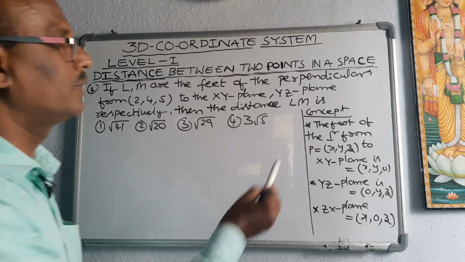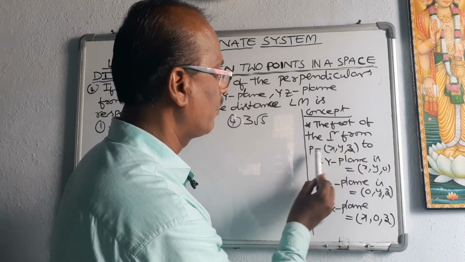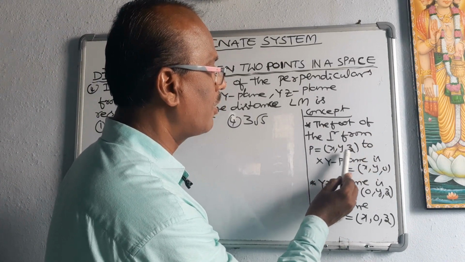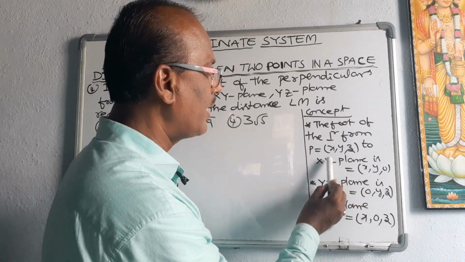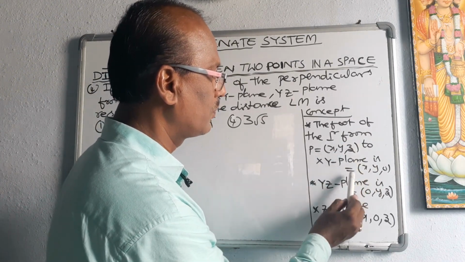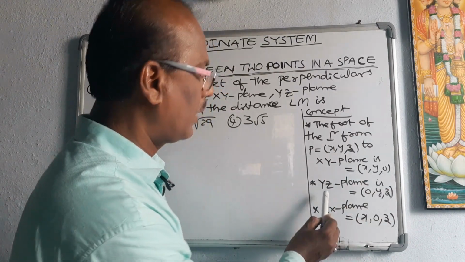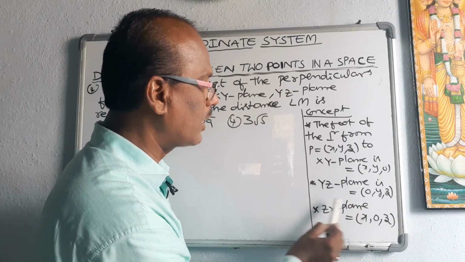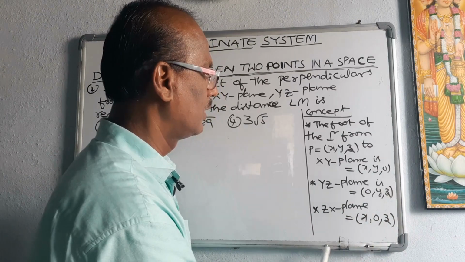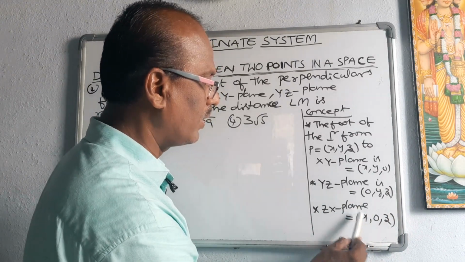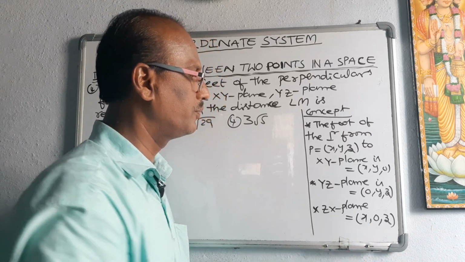Here one concept: the foot of the perpendicular from P equal to (x, y, z) to the xy plane, the z coordinate is 0, so the coordinates are (x, y, 0). For the yz plane, the x coordinate is 0, so the coordinates are (0, y, z). For the zx plane, the y coordinate is 0, so the coordinates are (x, 0, z).